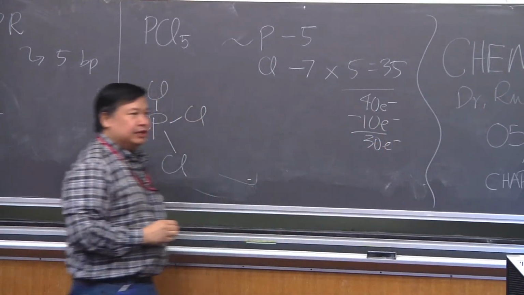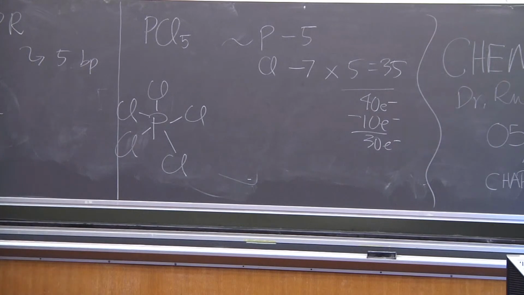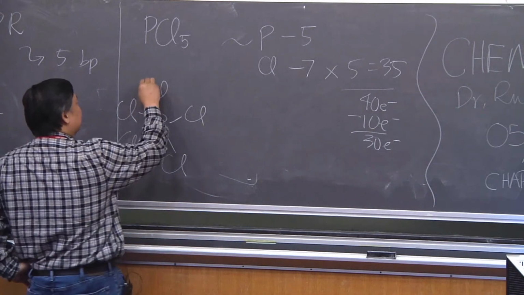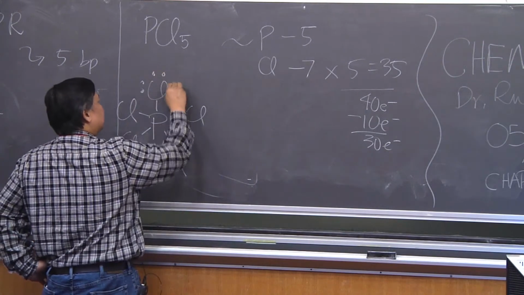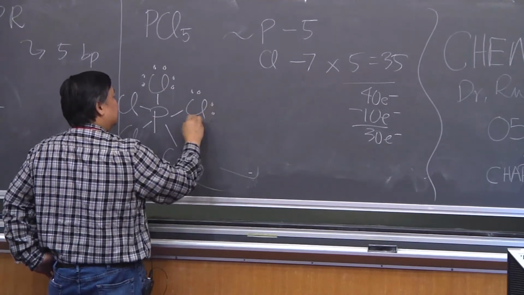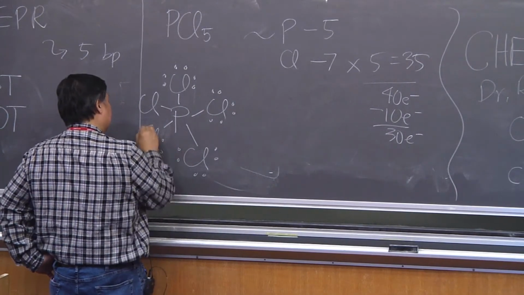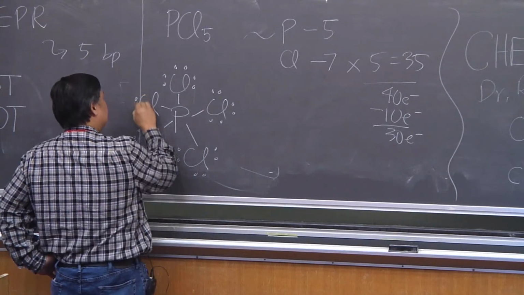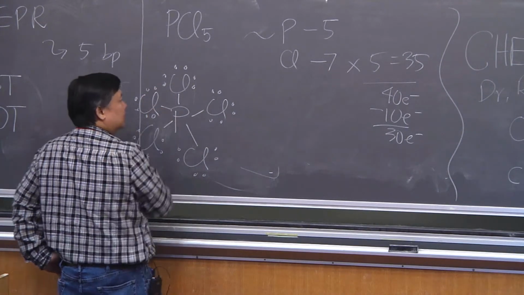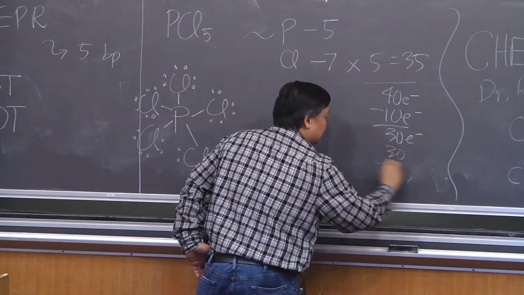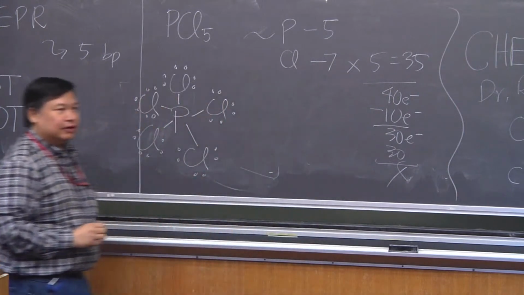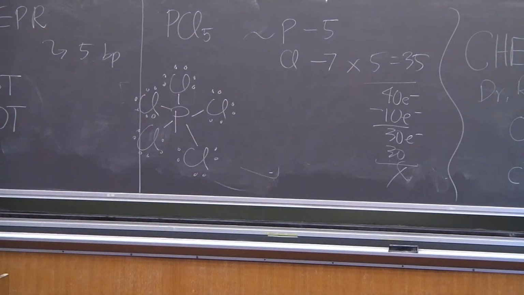What do I do with those 30? I'm going to complete the octet of the surrounding atoms, that's chlorine in this case. So we're done, right? We used up all the 30 electrons.